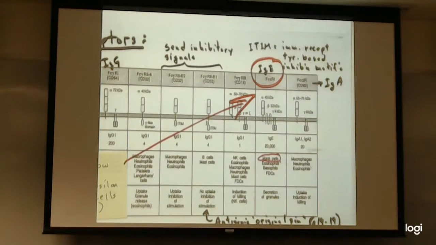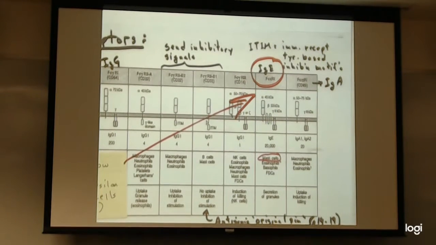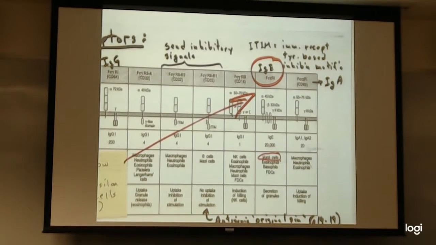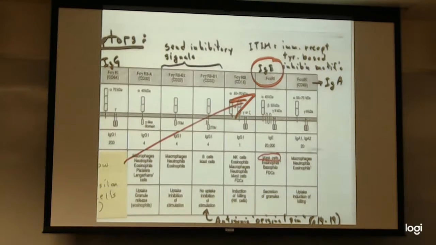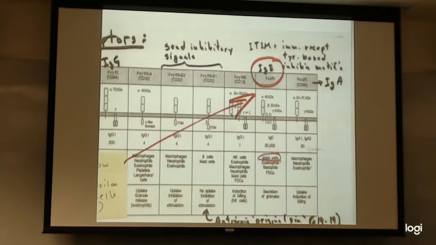In certain parts of the world where you get all kinds of parasites and worms and so forth, the way we fight that is to have the B cells class switch to making IgE. The B cells secrete the IgE. It is then bound by these Fc epsilon receptors on the mast cells.